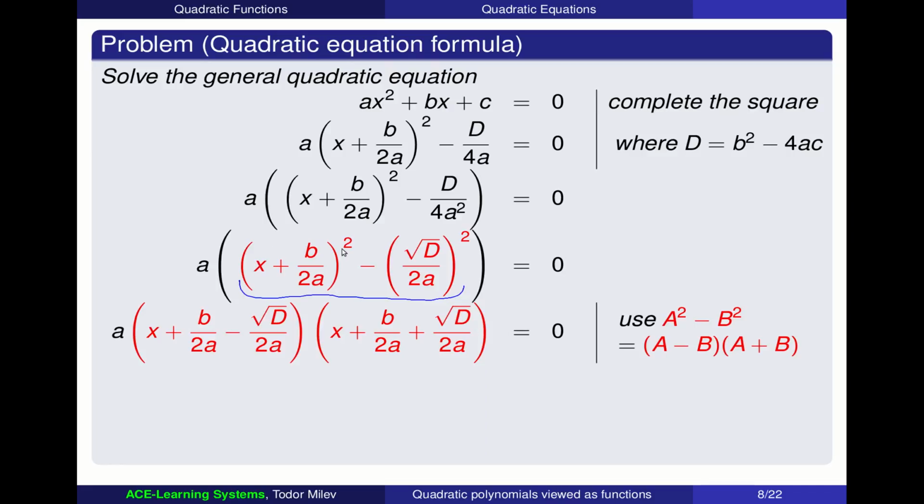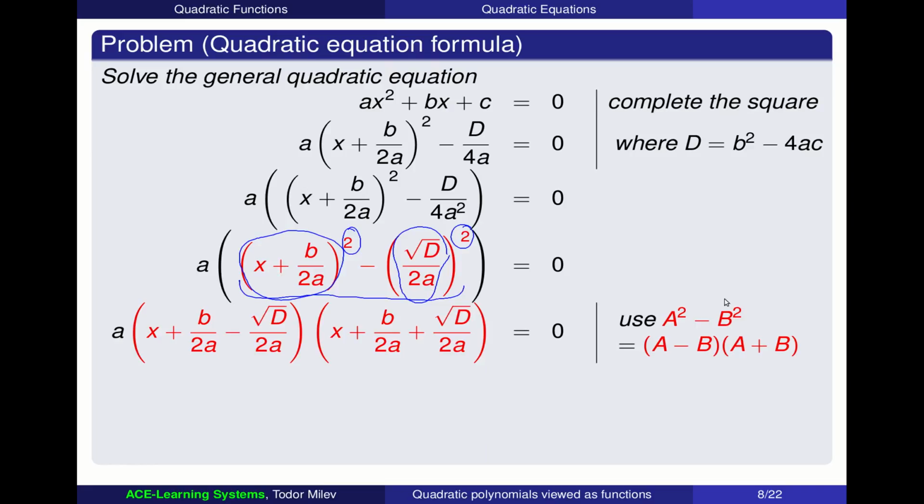So here we're having something squared, x plus b over 2a, the whole thing squared. And here again we're having a different expression squared. So the expression under the parentheses is a difference of two squares.